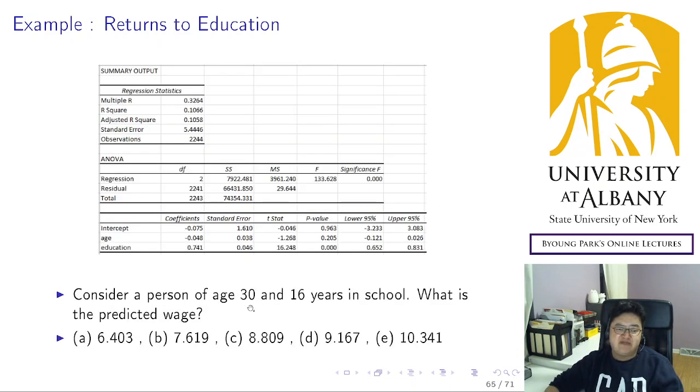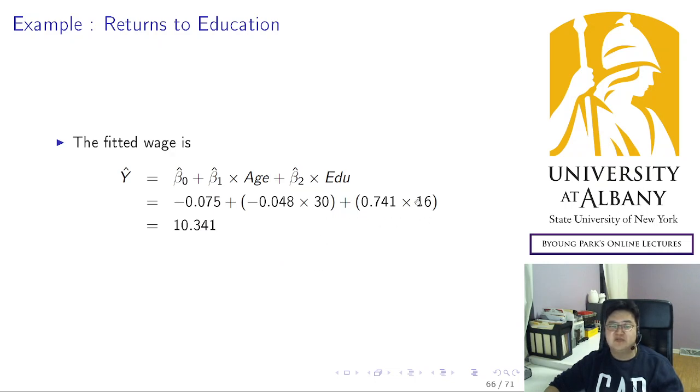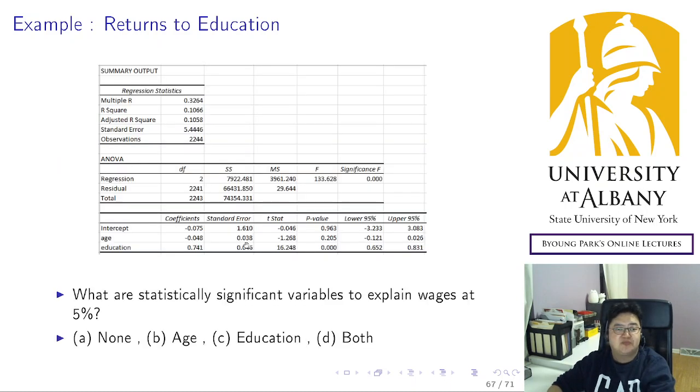Because we specified 30 and 16 for these 2 variables, so we plug in those values there, and then you get 10.341. So should be straightforward, right? There is nothing special. Fitted value can be calculated in the same way.